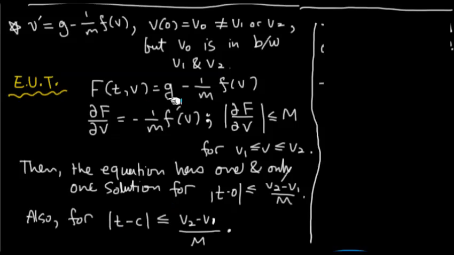So in our case here, since there is no t involved, it doesn't matter where t is centered. Not only at 0, if t values are around this central point c, not necessarily 0, we have the same condition. So we have a general statement: if t is around c by this radius, then there's one and only one solution, not necessarily at 0.